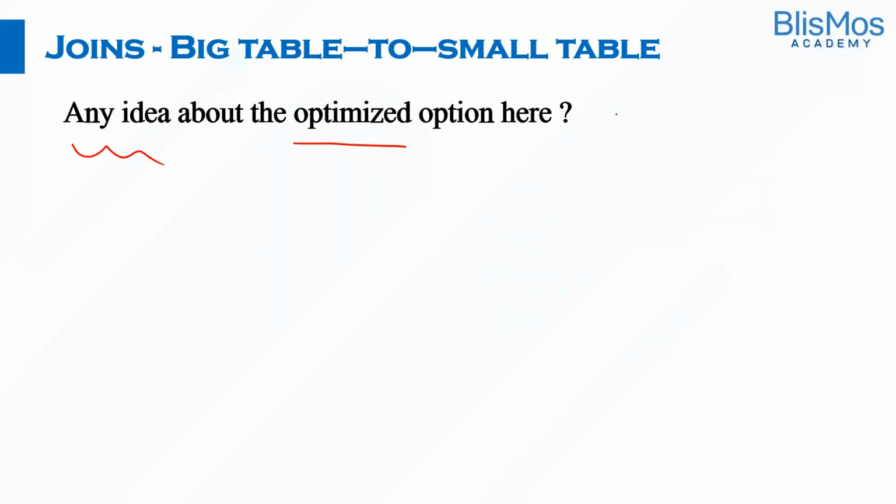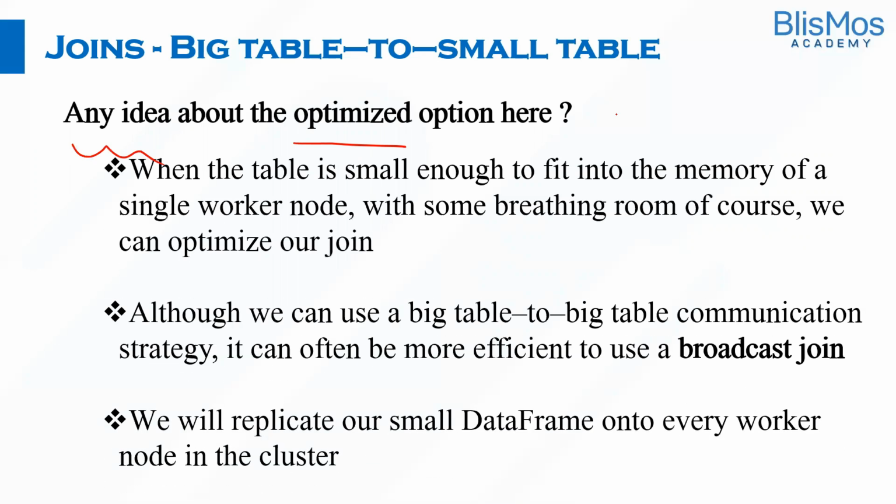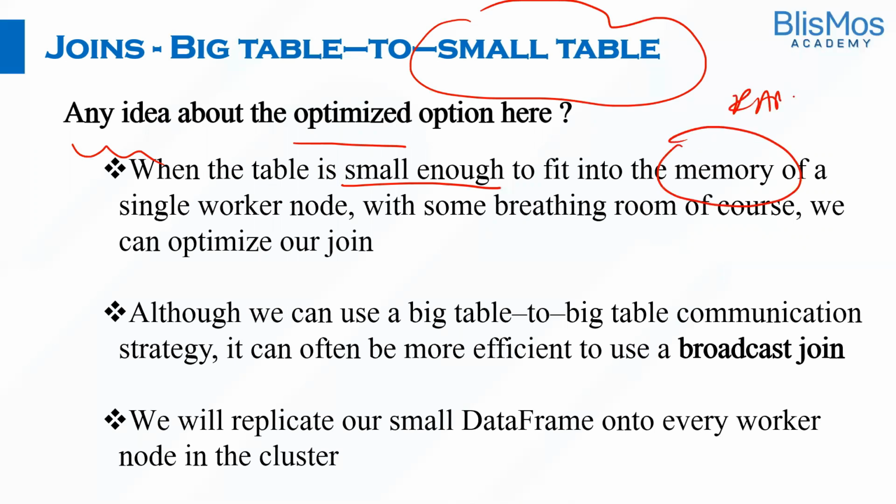Yes, there is an optimization possibility here. What we can do is, if the small table is small enough to fit into the memory, then we can broadcast that. We can use a broadcast join there.